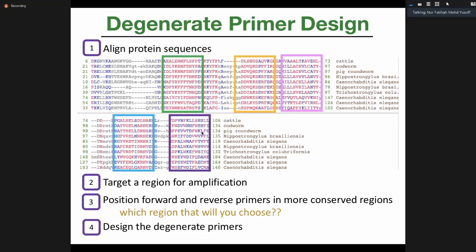Okay, what about, let's say you design the forward primer here. What about the reverse primer? Anyone can answer? Nadira, Zaidi, are you there? Yes, Doctor.